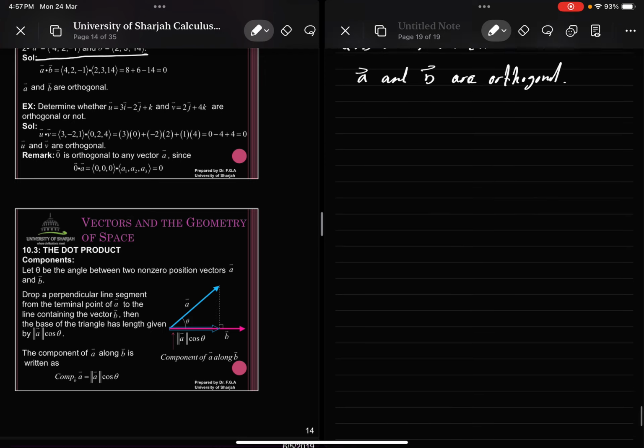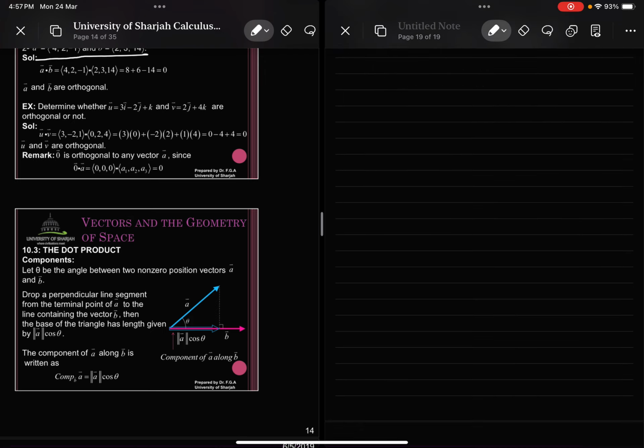Sorry for that. So determine whether vector U and vector V are orthogonal or not. Same thing. Here we have 3, negative 2, 1, and here we have 2. So here they are not giving us j, which is 0, 2, okay.